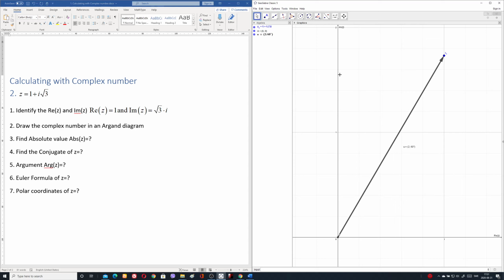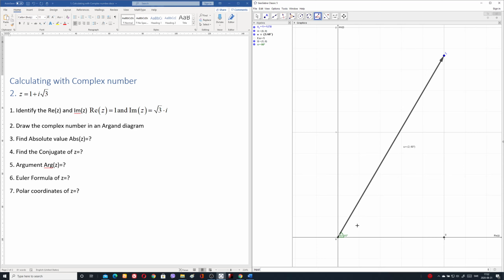Okay, so now let me put one perpendicular line here from this point to this axis here, the real axis z, and I will put a point, and this point will be here. So now I have this point, so now I will find the angle, and the angle is 60 degrees.